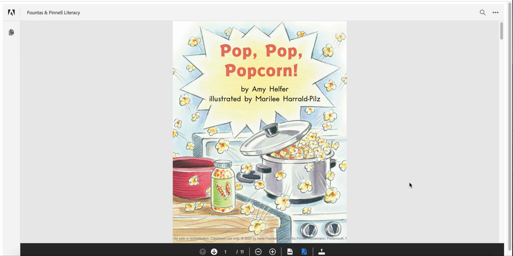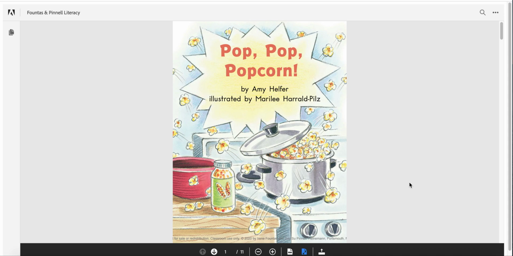In this story, there's a couple characters. Nate, he's a boy, he's telling the story, and Mom and Dad went to the movies, and Gramps is staying with Nate and his sister Grace. And Nate asked Gramps if they could make popcorn.